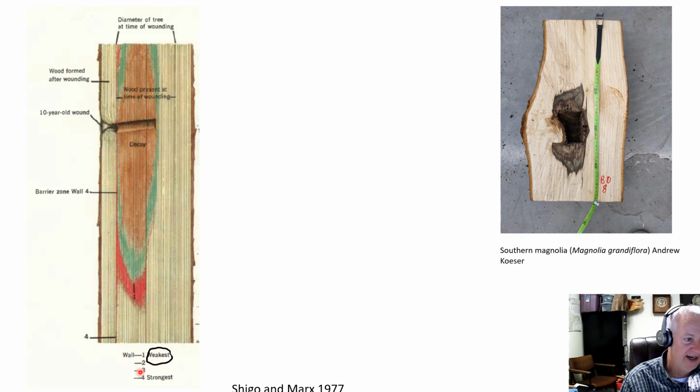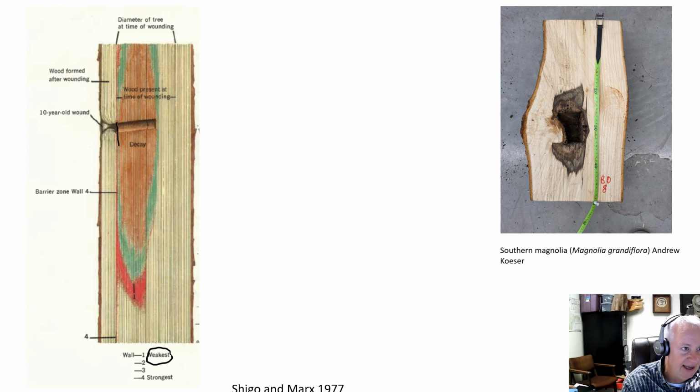Wall 2 and 3, the previous growth rings and the rays are constitutive. They're already there. They're the next strongest. And they help to prevent spread. So you can see the wound actually happened right here. So at this growth ring.